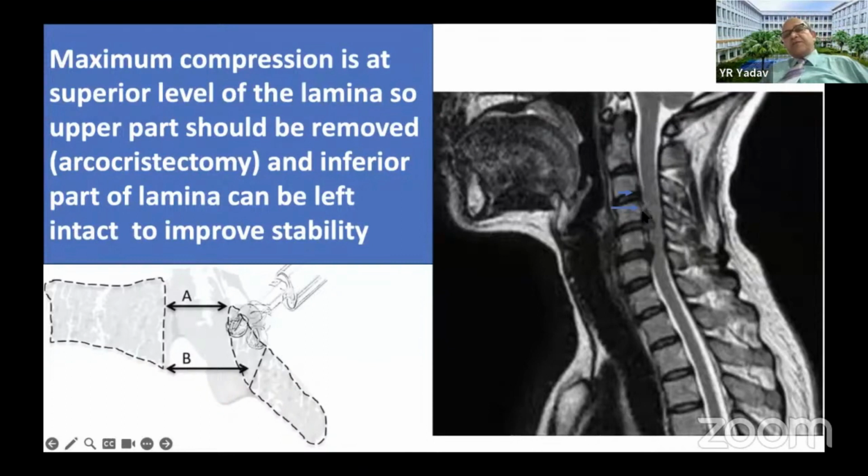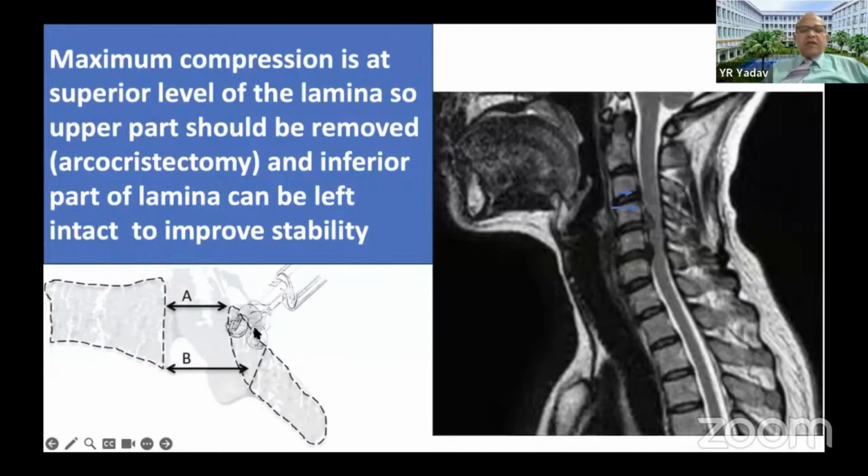At the base there is more canal diameter, but cranially there is less canal diameter. So if you only remove the cranial part of the lamina, leaving behind the caudal part, and remove the ligamentum flavum, it has been suggested that you can achieve good decompression.